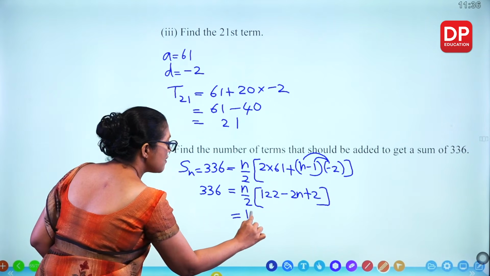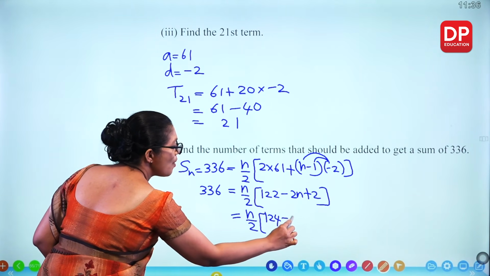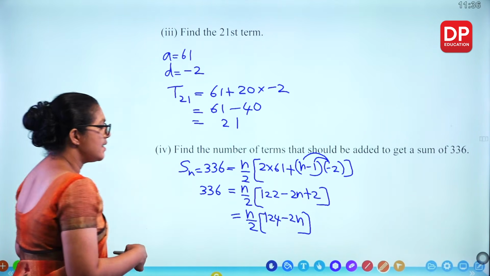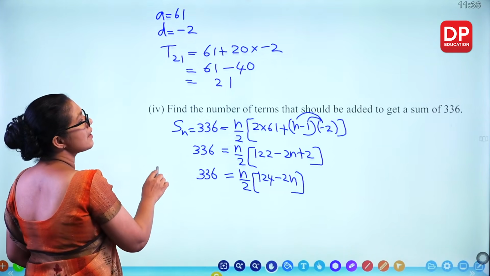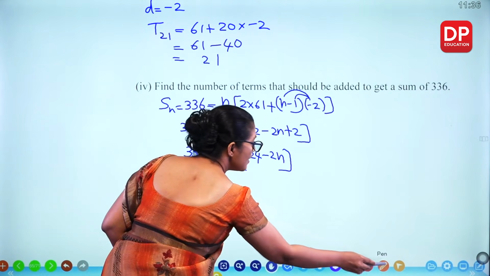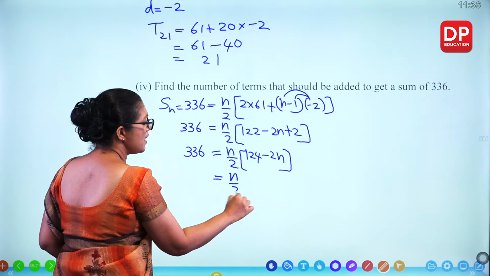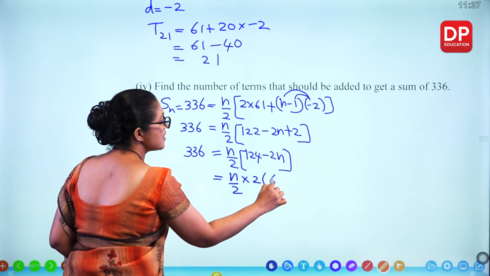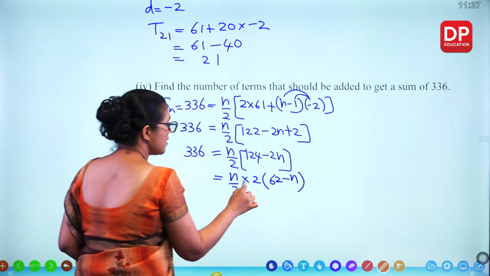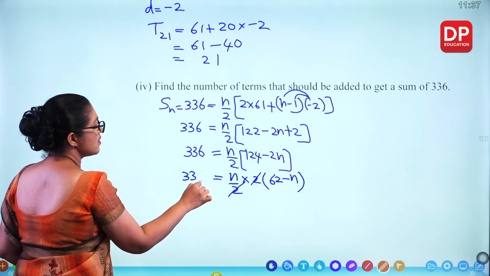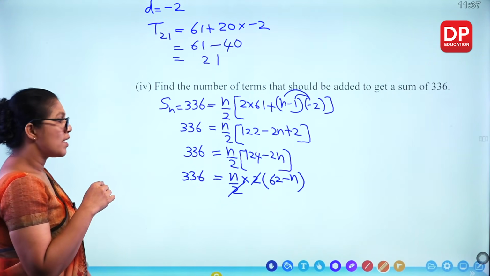Then simplify inside, 122 plus 2, 124 minus 2n. I can divide both the terms by 2, or I can take 2 out from here. I get 62 minus n. 2 get cancelled out. This is 336.